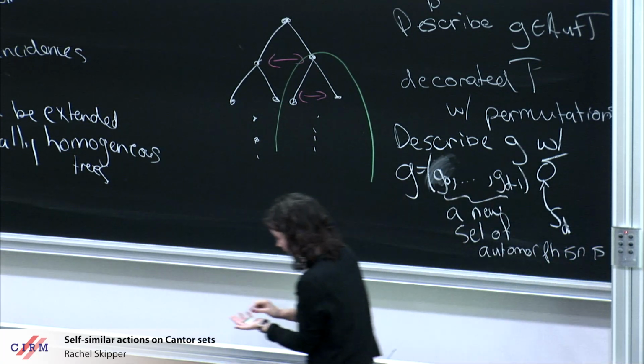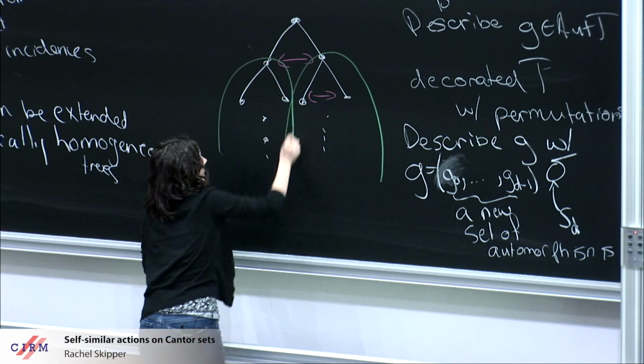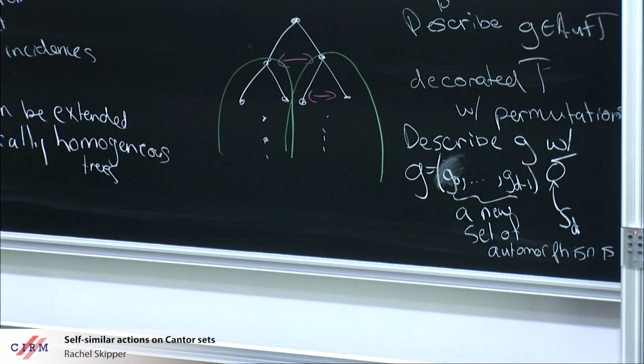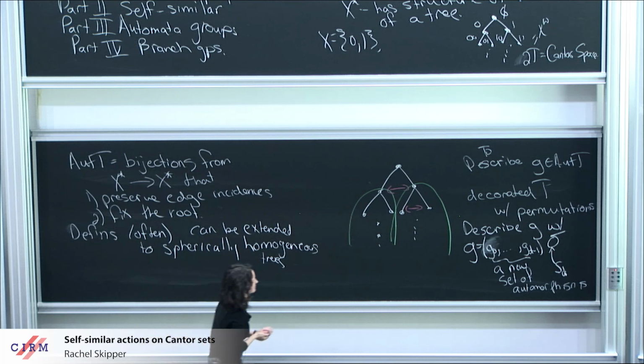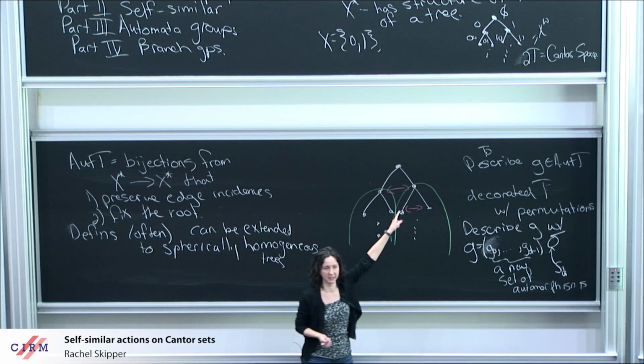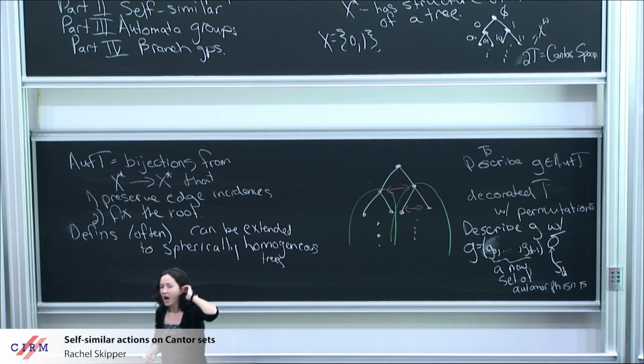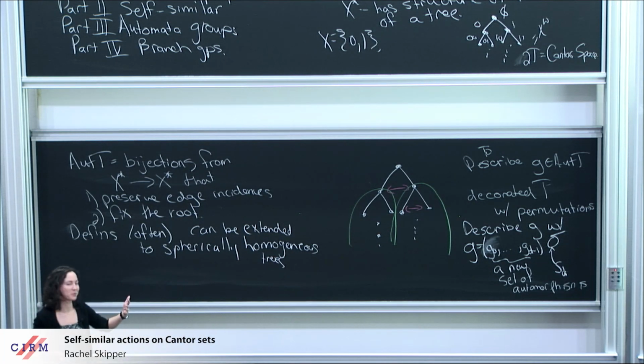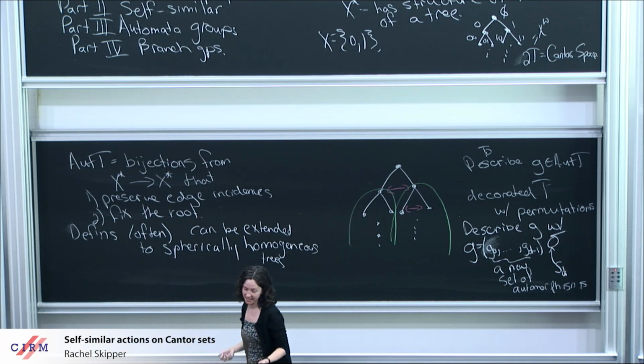So in this picture, for instance, I have these two subtrees rooted at this level, and this is giving me two new automorphisms. And the permutation that I have here is telling me what to do at the first level. This gives us a way of breaking apart our automorphisms into pieces that may or may not be more tractable and easy for us to understand.